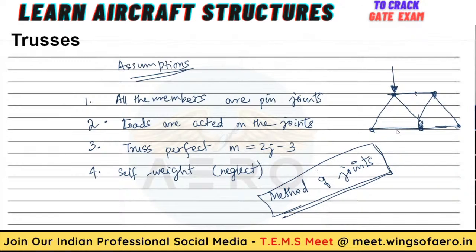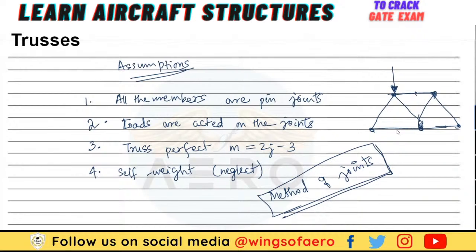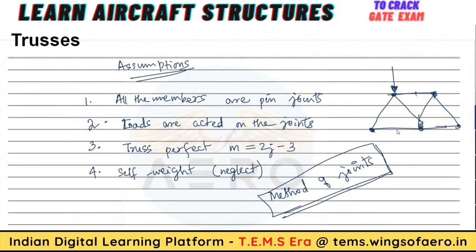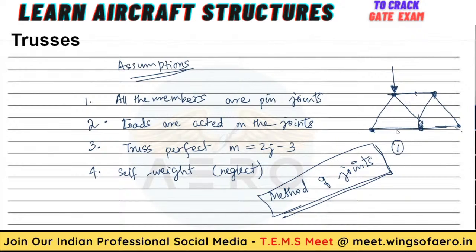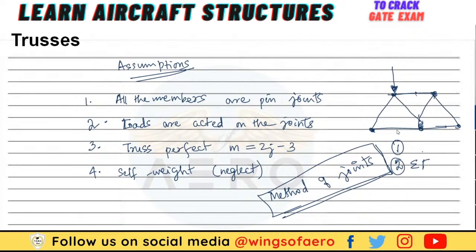Now before solving with the method of joints, it has some assumptions. Method of joints means we need to resolve the forces in the joints. First you need to find out which joint has the fewest unknowns, and pick that particular joint. After that, you take the summation of horizontal forces and summation of vertical forces equal to 0.